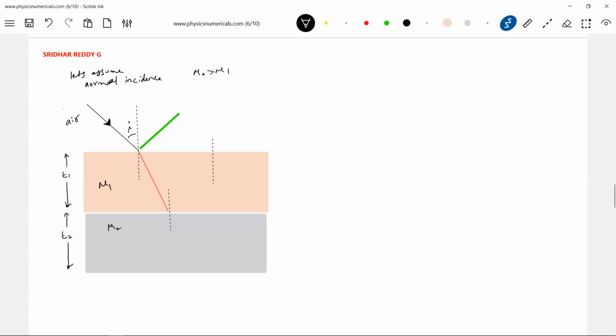Okay, now what will happen to the next part of the ray? Again, a part of the ray will be reflected, a part will be transmitted. Transmitted, let me show like this. Now finally what will emerge? A part of the ray will be transmitted and the remaining ray will be reflected. Okay, I'm bothered about these set of rays now.